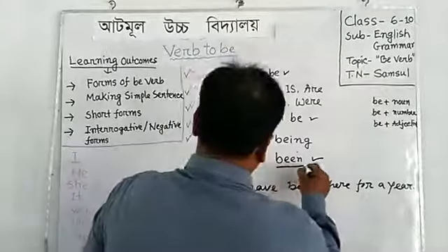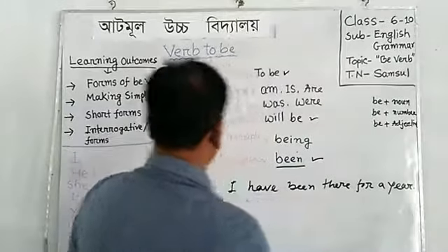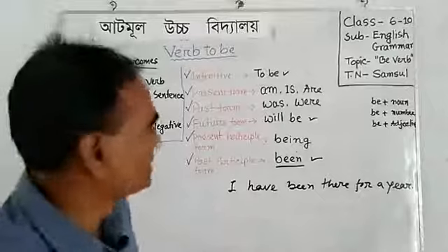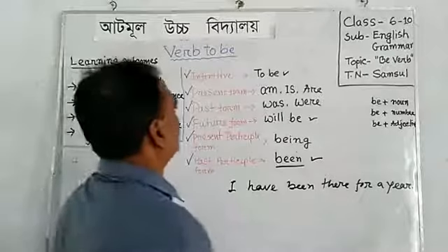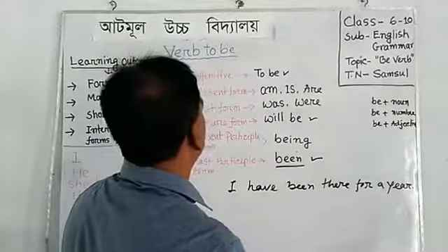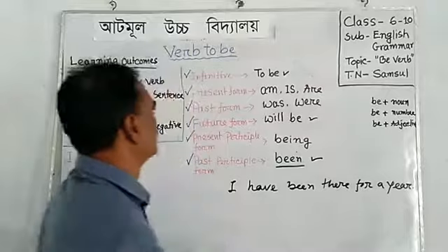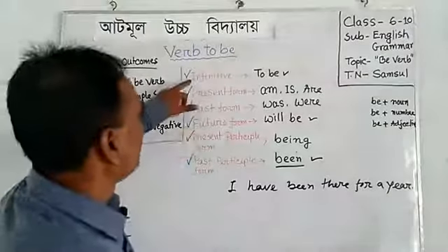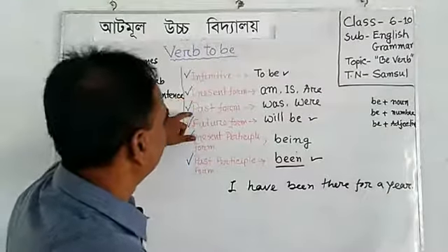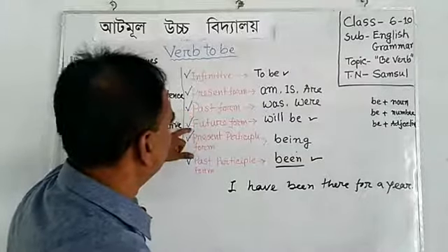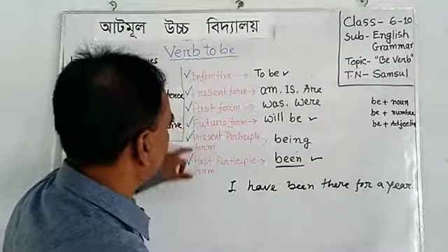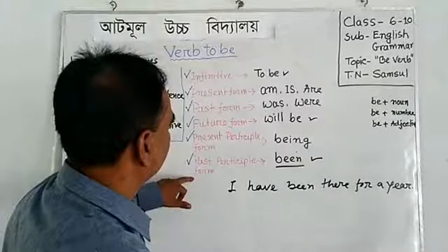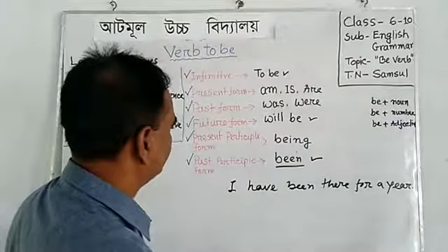So the been is the past participle form of be verb. So dear learners, we learn all the forms of be verb. So the first one is infinitive form, present form, past form, future form, present participle form, and last one is past participle form.